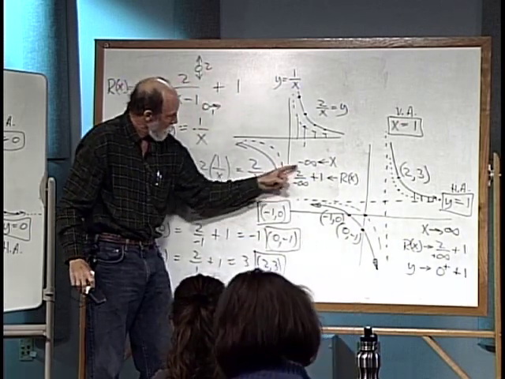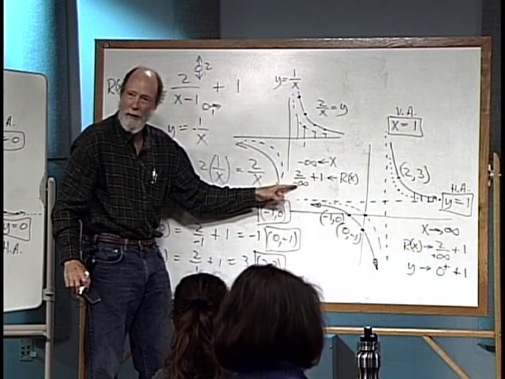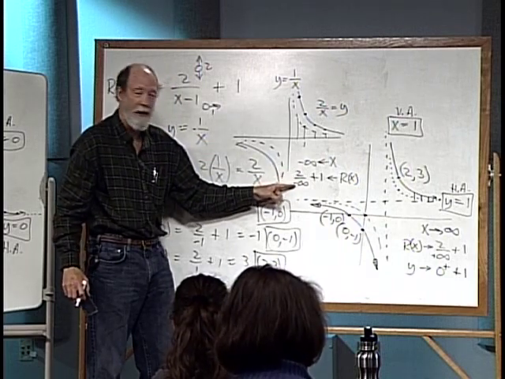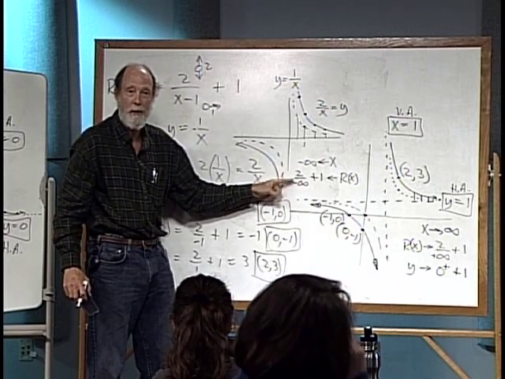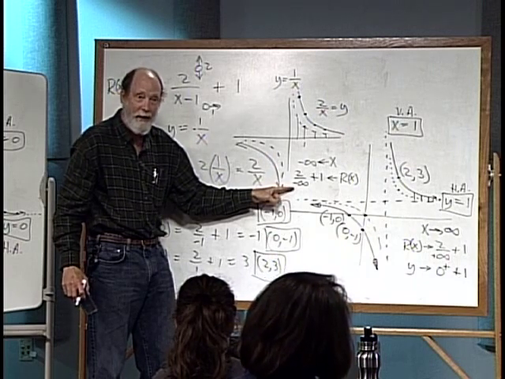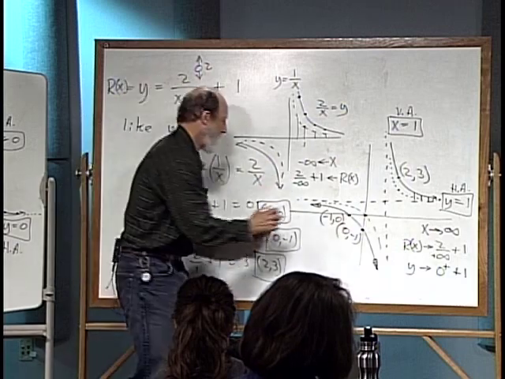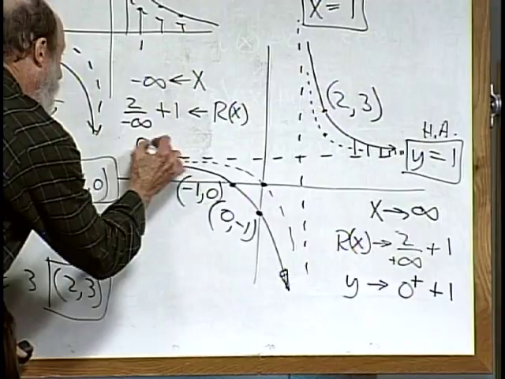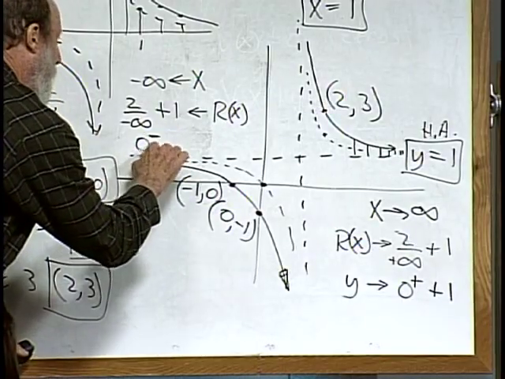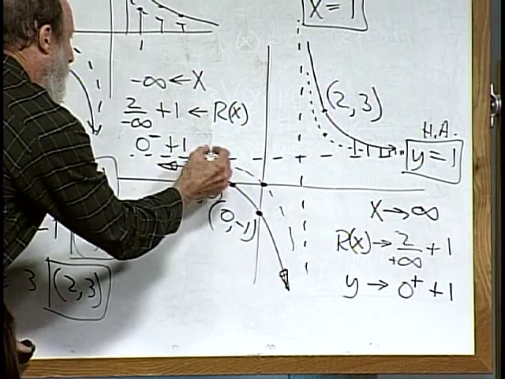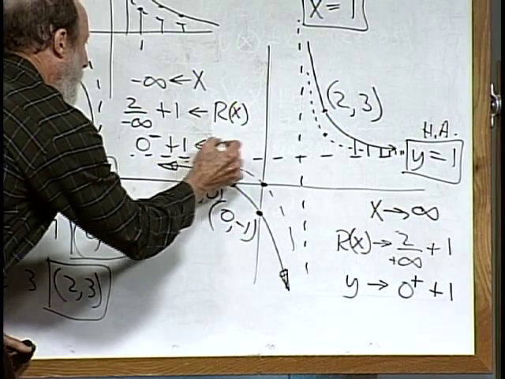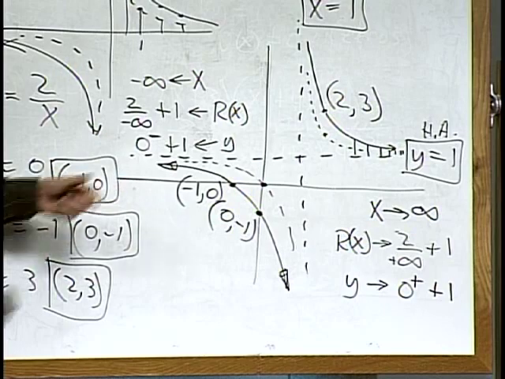And notice that this 2 over a huge negative number is what kind of number? Like 2 over negative 1,000, 2 over negative 1,000,000. Very tiny again, near 0, but slightly negative, right? So the way I like to write that is 0 with a little negative superscript plus 1, and that's what your y is approaching.